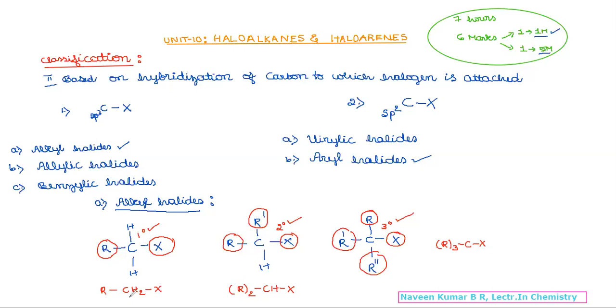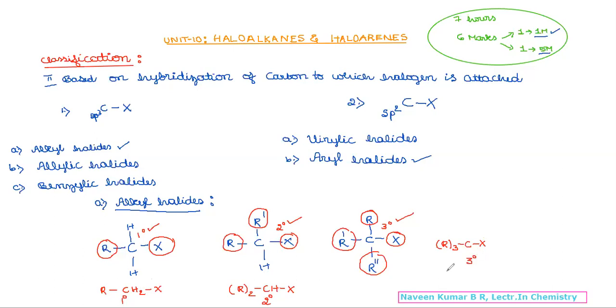Now this carbon is a primary carbon, this carbon is a secondary carbon, and this carbon is a tertiary carbon. And the halide attached to the primary carbon is a primary alkyl halide, to the secondary carbon a secondary alkyl halide, and to the tertiary carbon a tertiary alkyl halide.